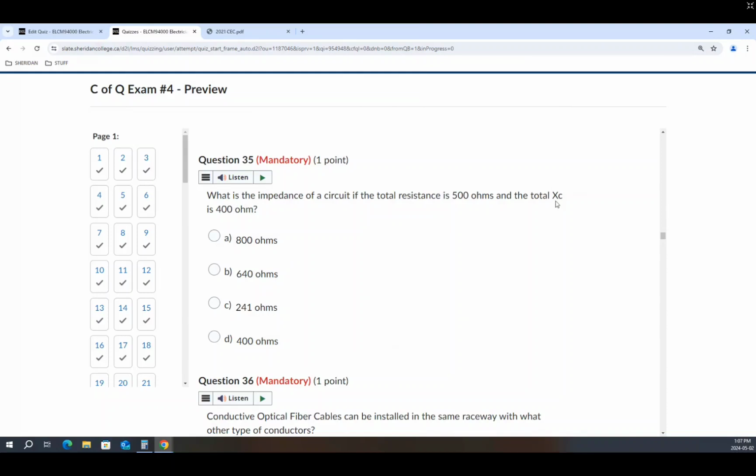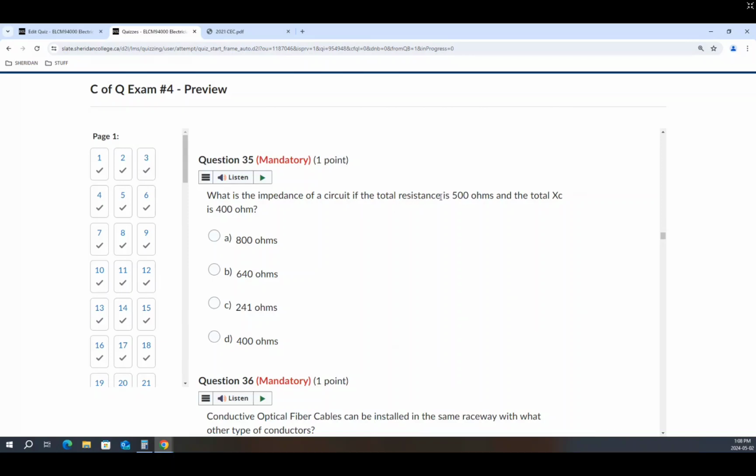So XC is capacitive reactance, XL would be inductive reactance, and then R is just the regular resistance. So what's the impedance of a circuit?